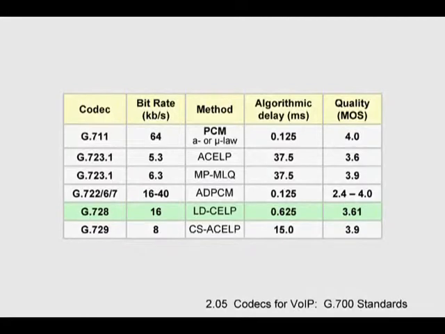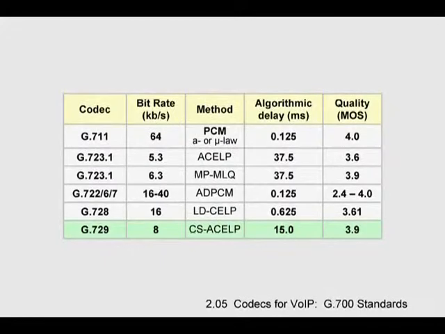And it's got hardly any delay, 0.625 milliseconds, which is pretty much negligible. And it gets us a mean opinion score of 3.6. So that's real close to toll quality speech. And then if you look at the bottom row, G.729, this lets us get the bit rate down to 8 kilobits per second. So that's 8 to 1 compression.